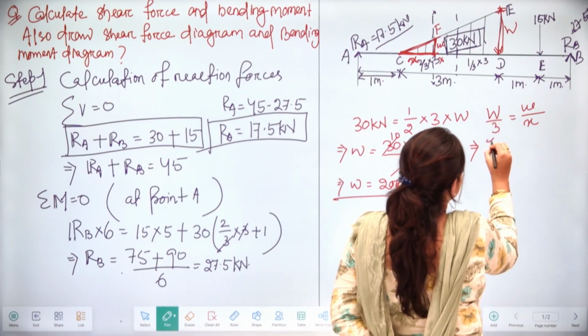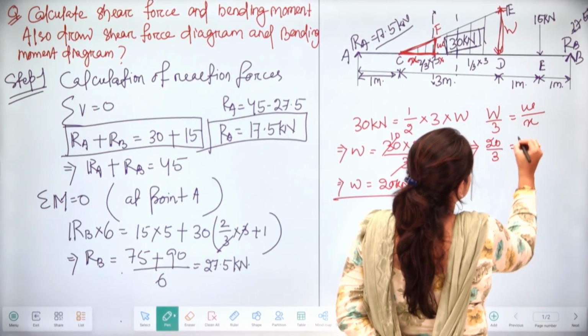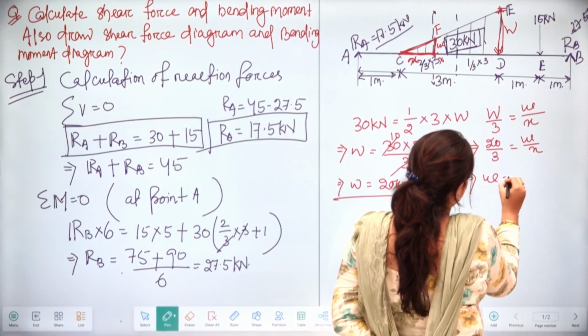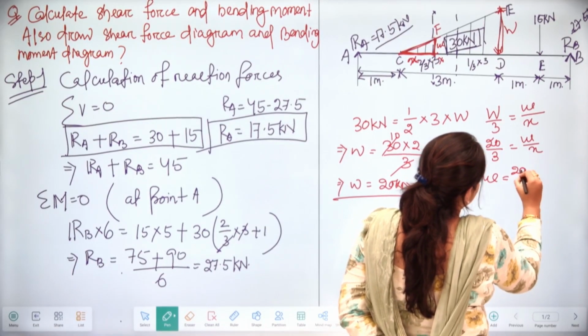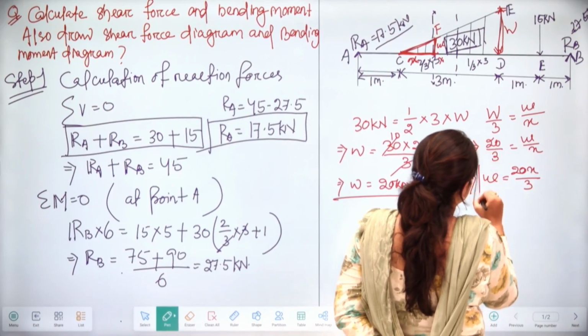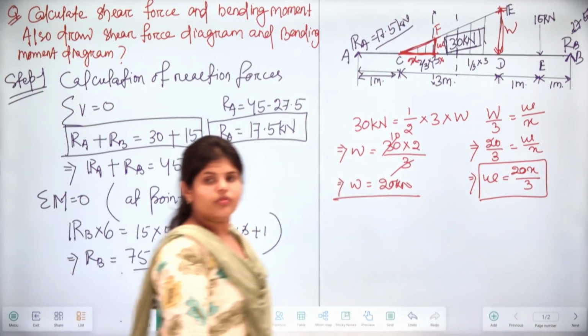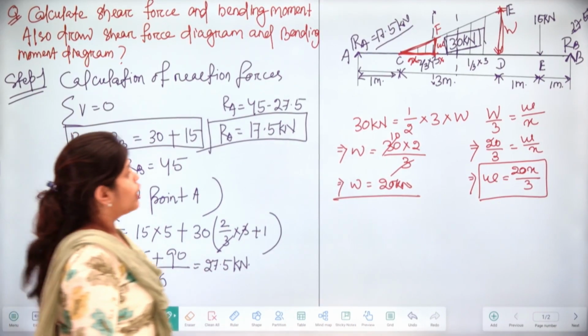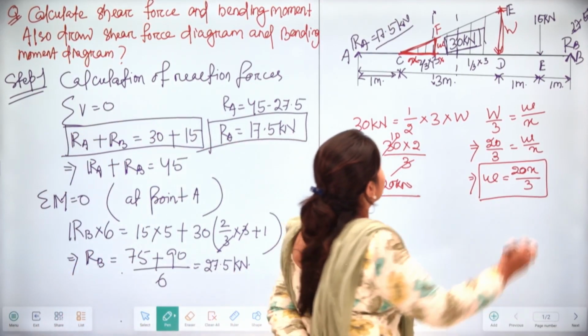This W is 20, so 20 by 3 is equal to w by x. So we will have small w as 20x by 3.